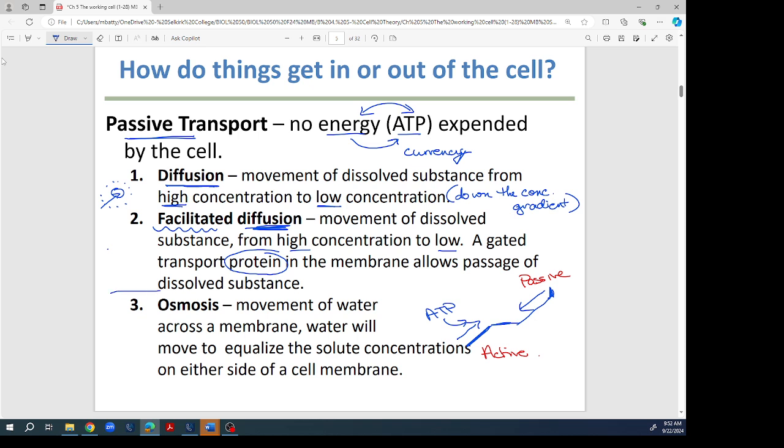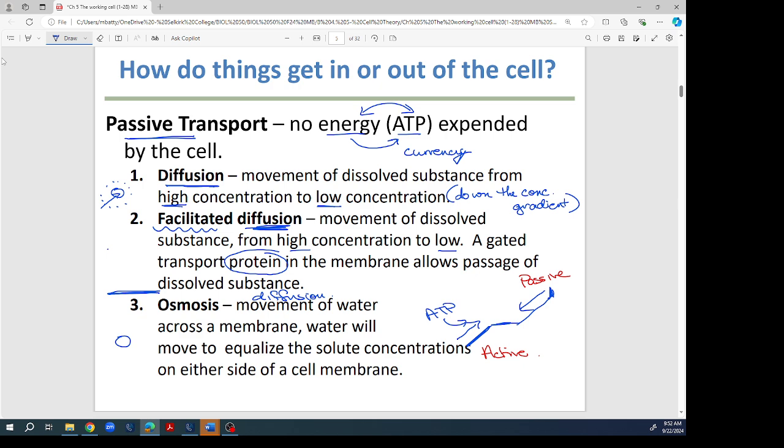The last one is a special case of diffusion. This is diffusion of water. Oftentimes water is what we've got things dissolved in. And so water moves oppositely to those dissolved things.